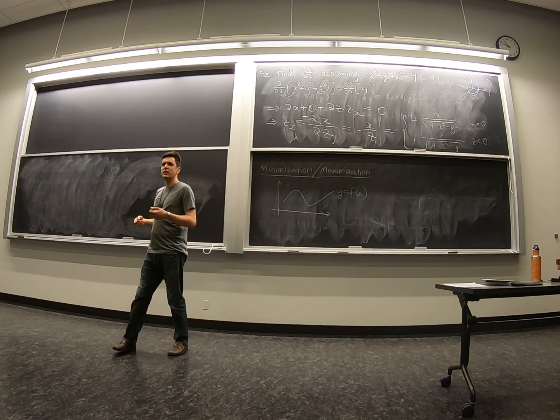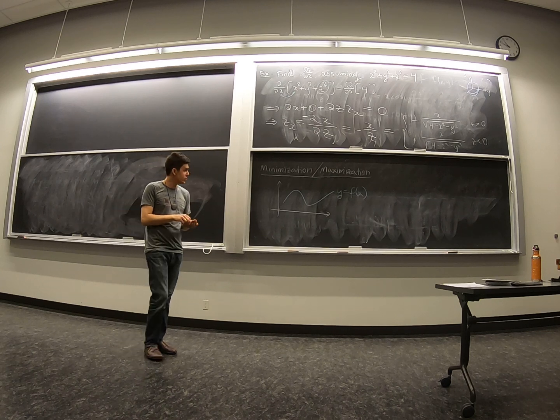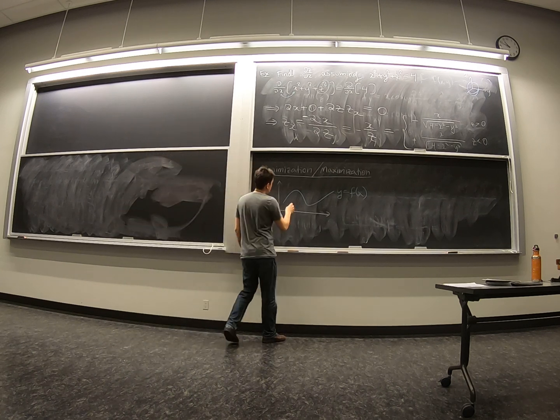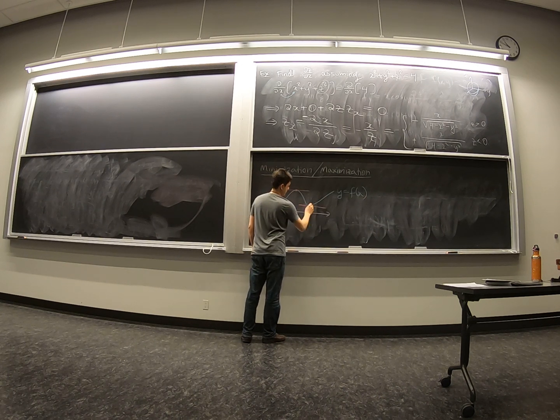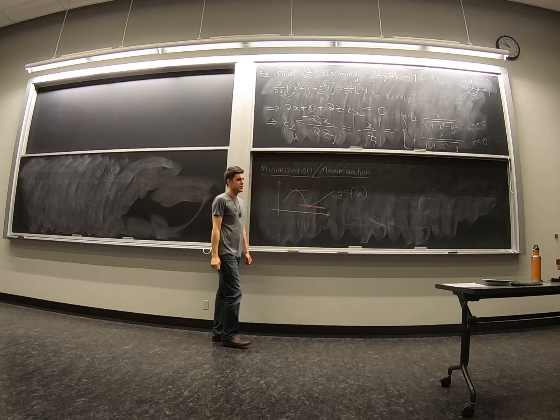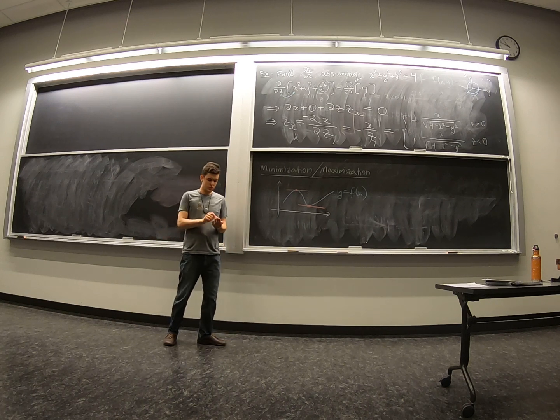To find the smallest and largest values of this curve, we find the critical points. Right, the places where the tangent line is horizontal.